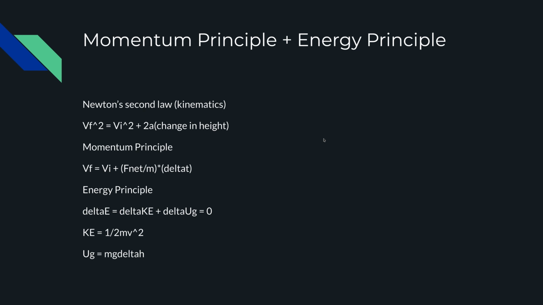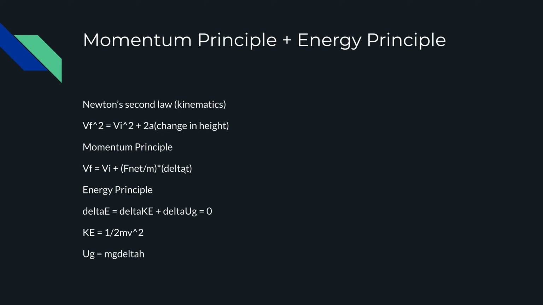Another thing that we needed for our model was the momentum principle and the energy principle to properly model the scenario. The first thing that we used was Newton's second law, as we use this equation to determine the velocity based on the max height, which we just went over. Then we used the momentum principle to update the velocity in our code, using that the final velocity equals the initial velocity plus the net force divided by the mass times the change in time.